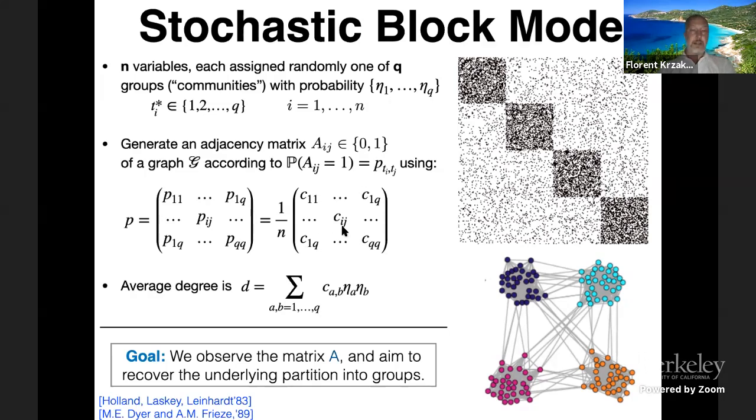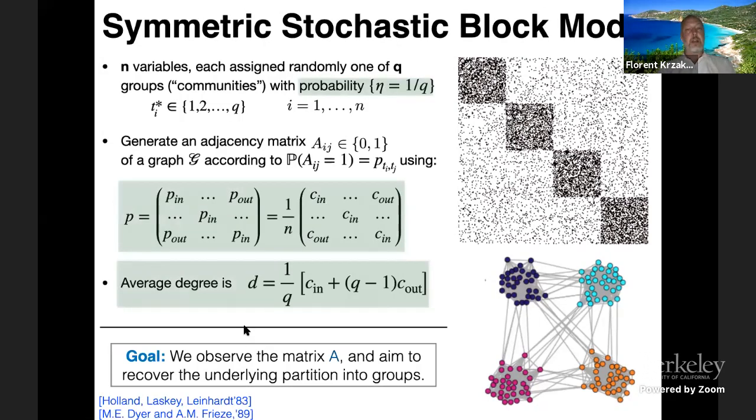Once you write this, the average degree of your graph, because an adjacency matrix like this can be seen as a graph, is given by this formula. Now, the goal is: I give you the adjacency matrix, I give you the graph, and you are supposed to find back the underlying partition into groups.